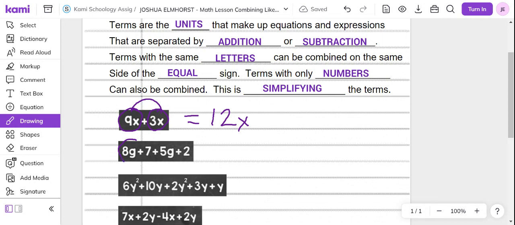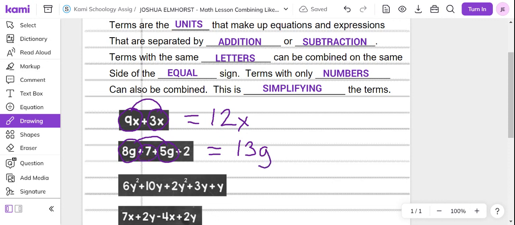So down below, we have letter G and letter G. Well, since they're the same letter, we can put those variables together. So 8G and 5G is going to give us 13G.